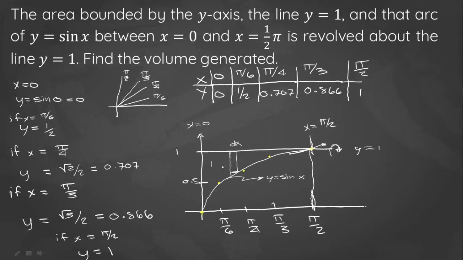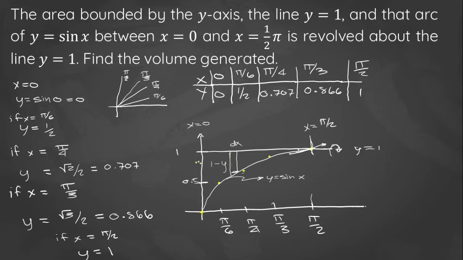Now, why is it equal to 1 minus y? Notice that this length and this length are equal to 1. If we take this one as our unknown, it is y. So we subtract: 1 minus y. Now you may question why it is equal to 1 minus y.